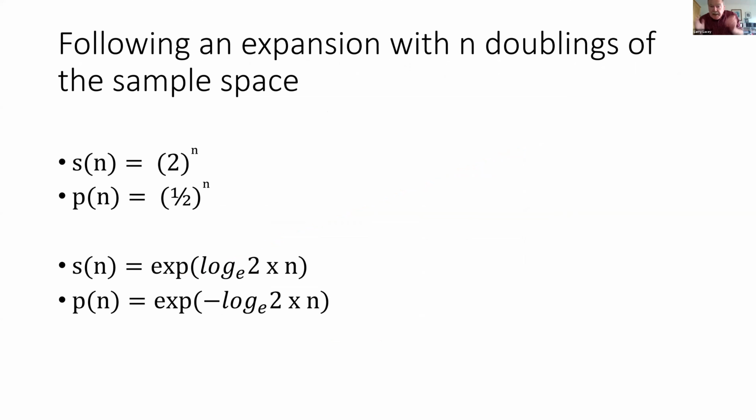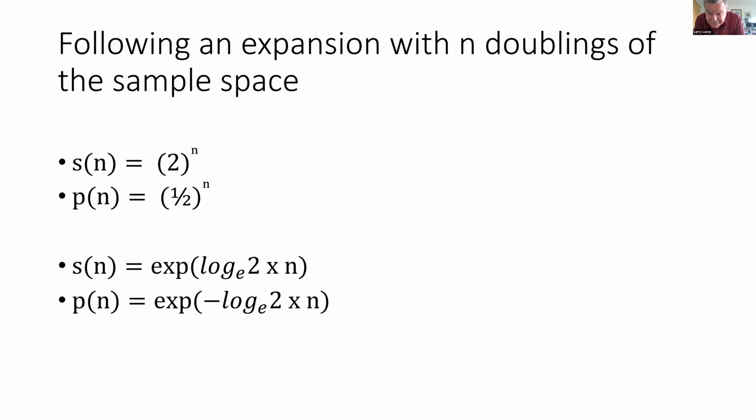So you can do this n times. The size of the sample space after n doublings is going to be 2 to the power of n. The probability for any given space within the sampling interval is 1/2 to the power of n.